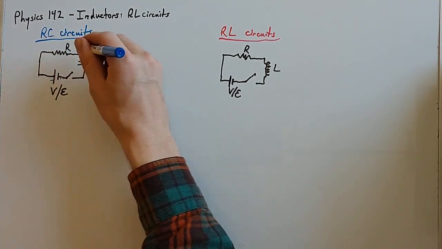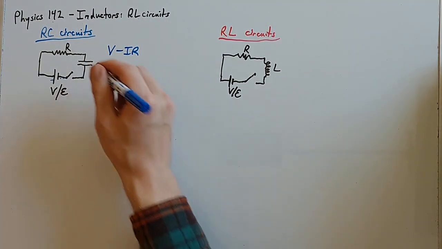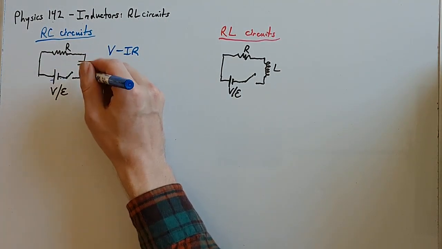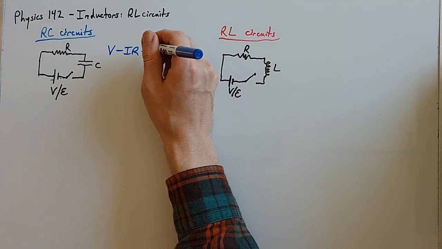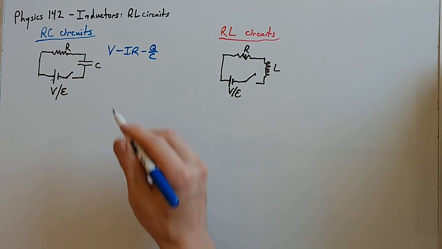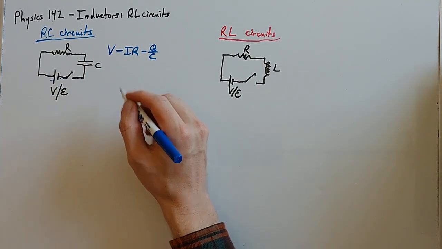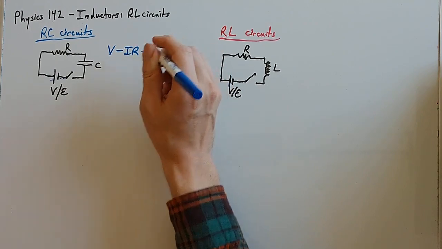When we cross the resistor, we lose IR's worth of potential. And the capacitor also takes away some potential. We lost Q over C, the potential across a capacitor, since it's storing energy there, and we realized that equals 0.